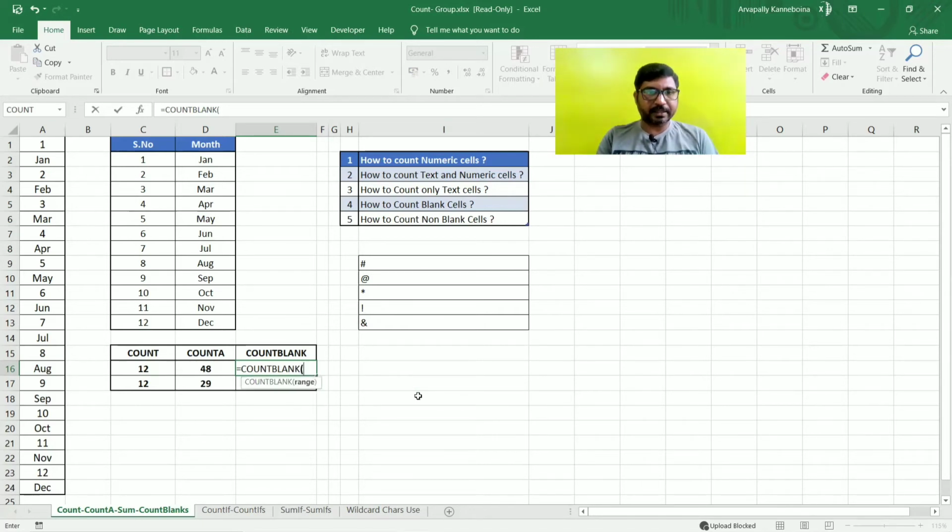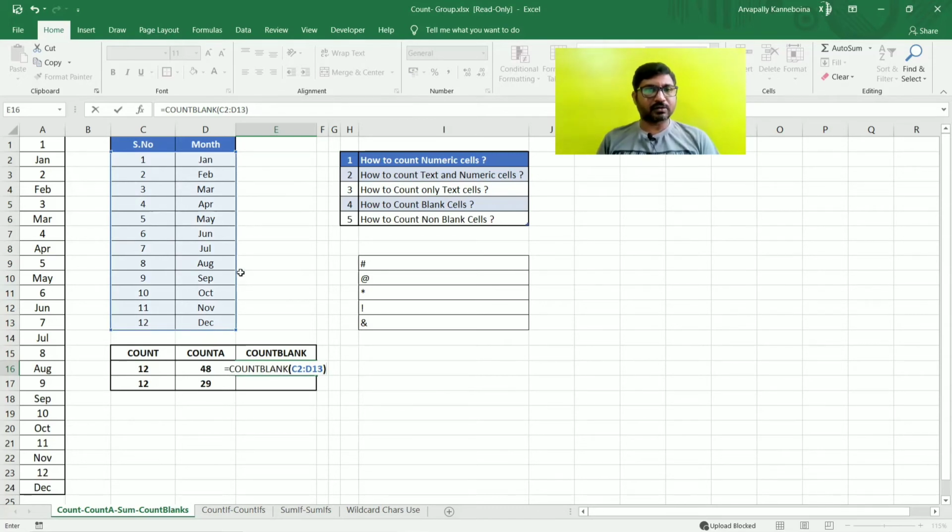So open the count blank, open the bracket. It is asking for a range. So I'm selecting, yes, this only. Yes, I'm deleting some cells.